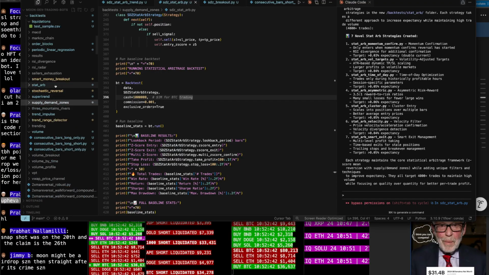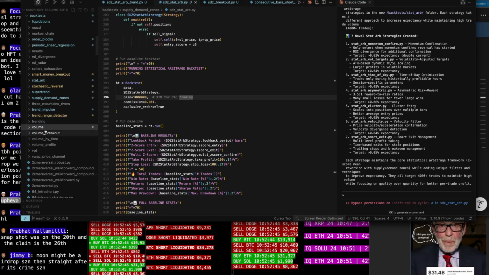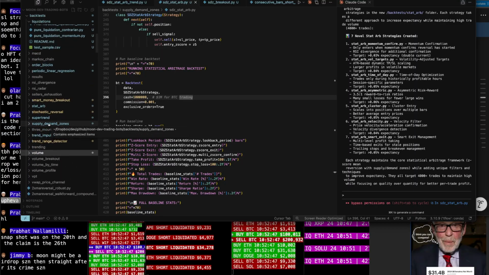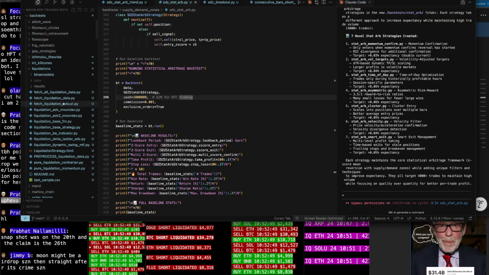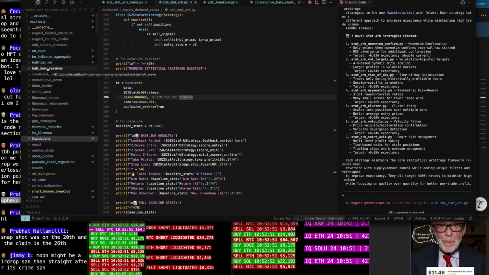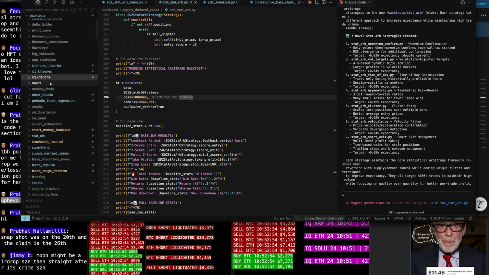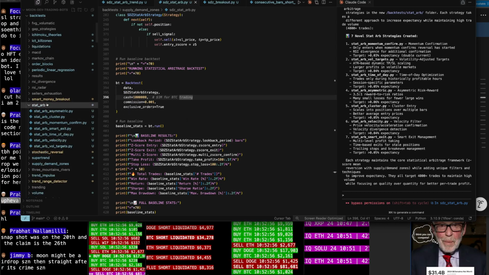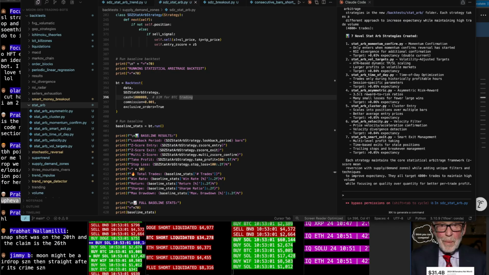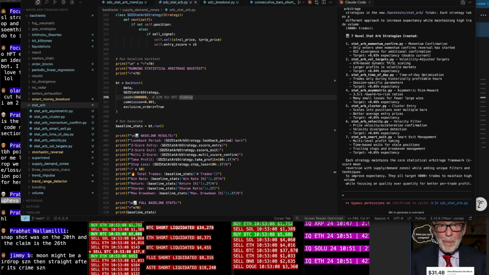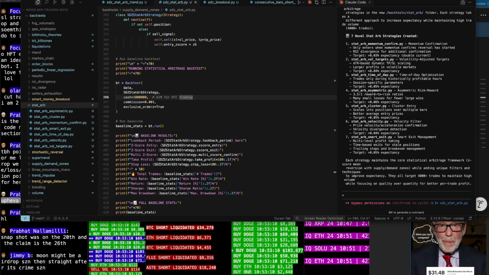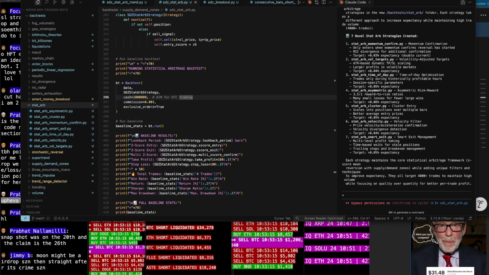So it would be under stat arb now. Stat arb here, perfect. Okay, and our new thing works within drawdown limits. Perfect. Good to see.